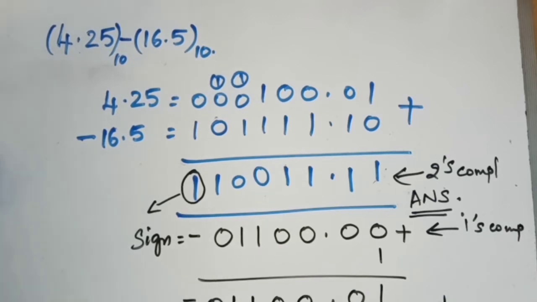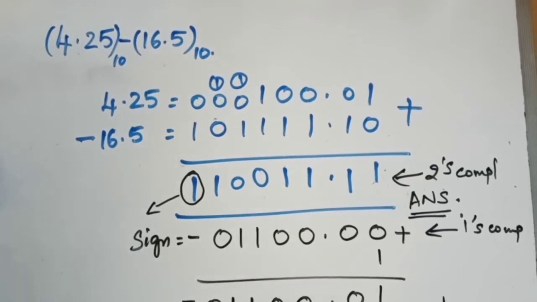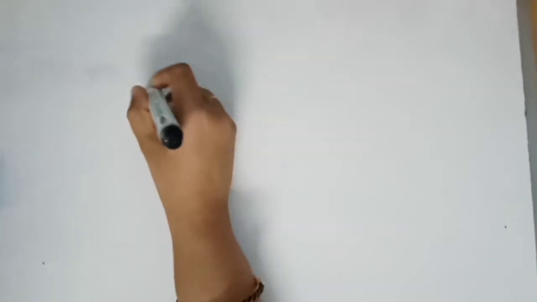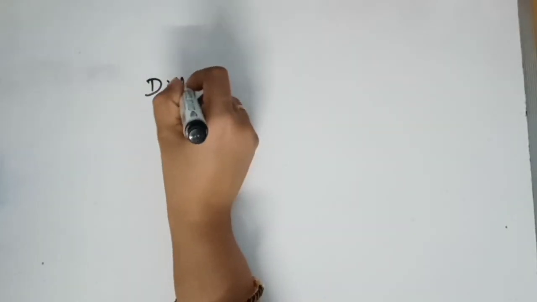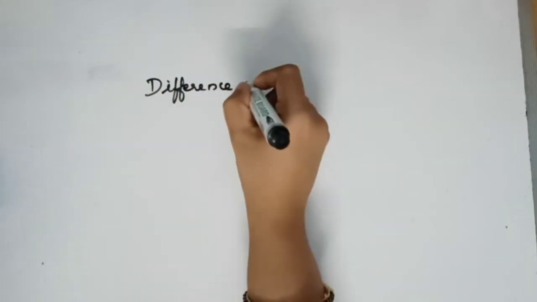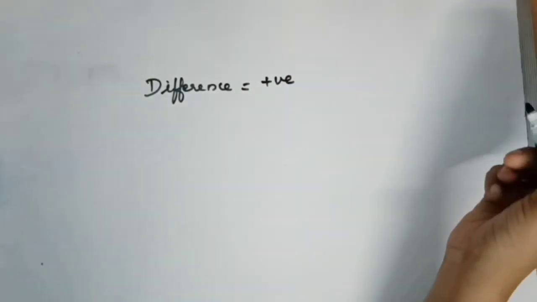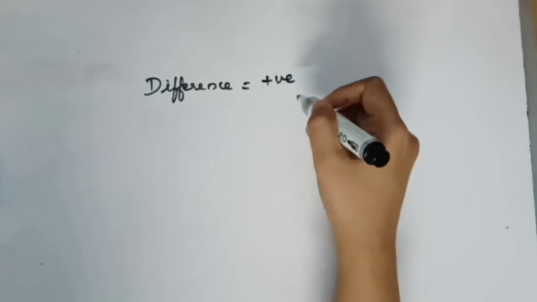Okay. So just understand these things. When you're taking the difference of two numbers in binary, how do you understand that the difference is positive?